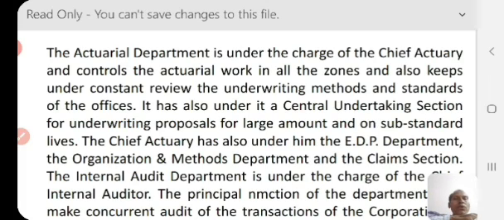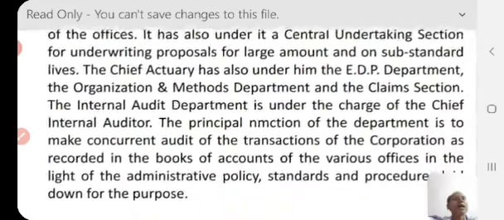It has also under it a central underwriting section for underwriting proposals for large amounts and on substandard lives. The chief actuary has also under him the EDP department, the organization and methods department, and the claims section.